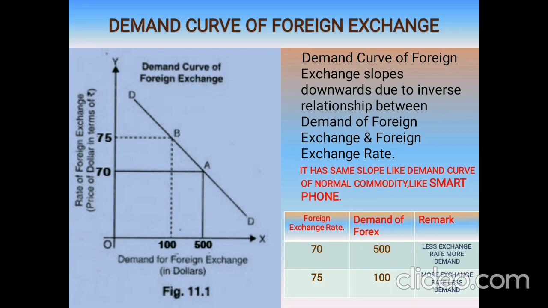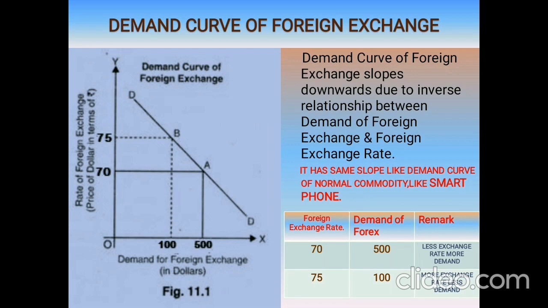On the y-axis we have the foreign exchange rate, the rate of exchange ROE, and on the x-axis we have demand of foreign exchange in dollars. If the rate of exchange of 1 USD is rupees 70, Indian citizens will demand 500 units of dollars, in an example.